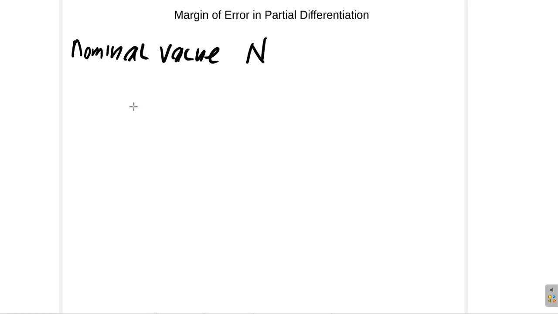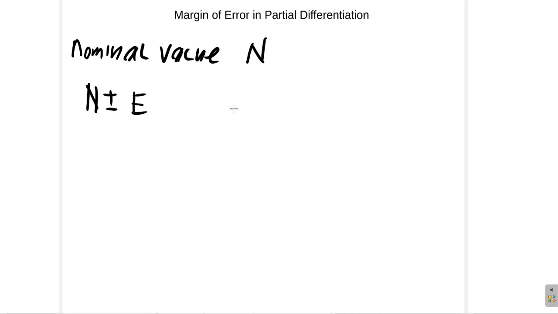But sometimes you might have a case where you have n plus or minus some other value, call it E, error. So in this case, you have a certain length in millimeter plus or minus half a millimeter or 1 millimeter or 2 millimeter, whatever it is.